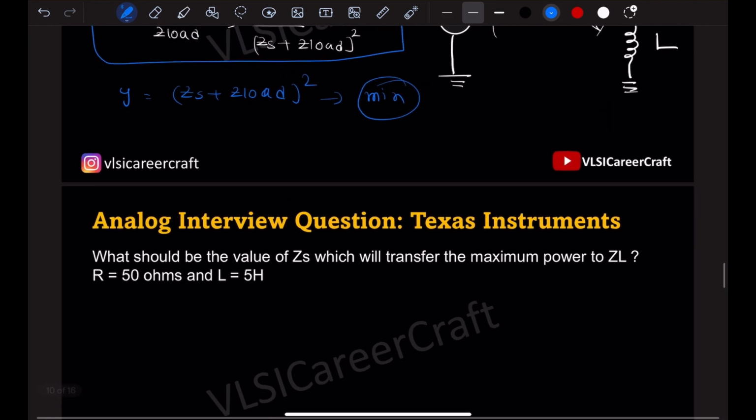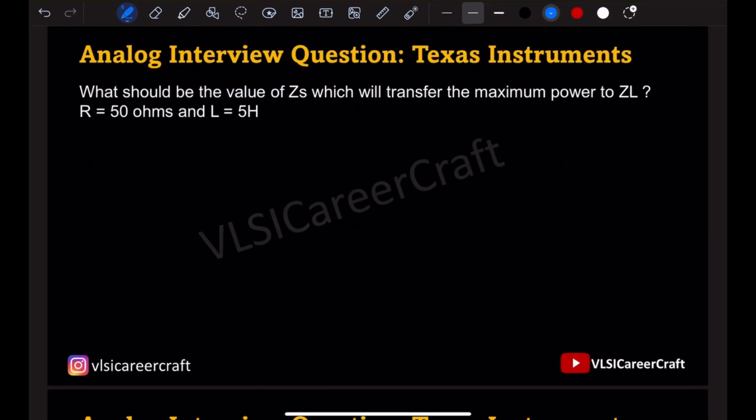We can do dy by dZS and derive it, and find the solution straightforward, but we can also solve this intuitively. First, let's see the intuitive way of solving this problem.